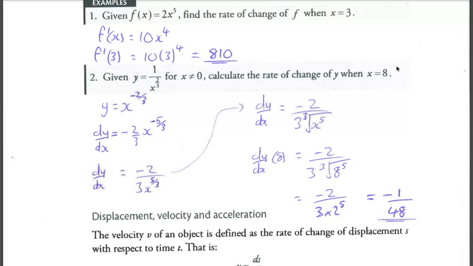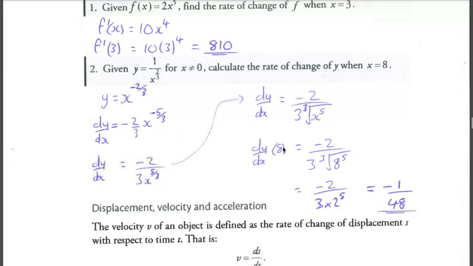I'm going to have to substitute in x = 8, so I'm going to rewrite this. So x to the negative 5/3 can move down to the denominator: negative 2 over 3x^(5/3). Remember, guys, if we have a fractional power, x to the 5/3, the 3 on the bottom tells us to do the cube root of x to the power 5.